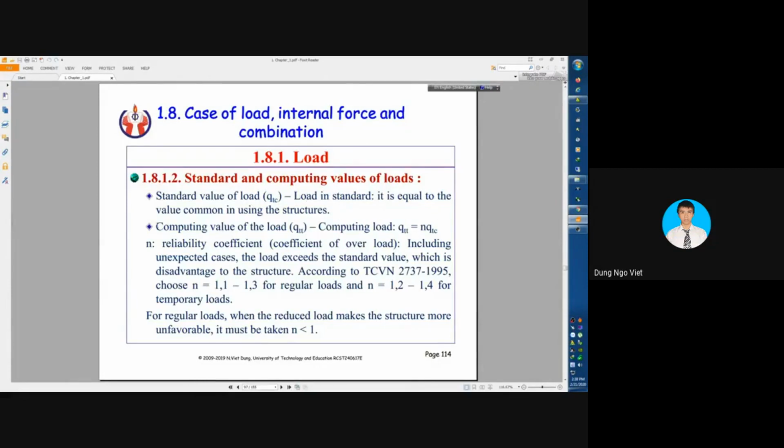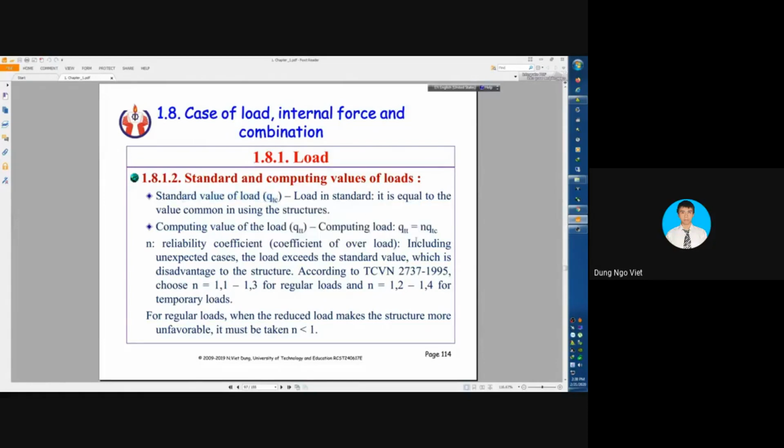We have another value of load, the computing value of the load, QTD. This value is calculated based on the standard value.